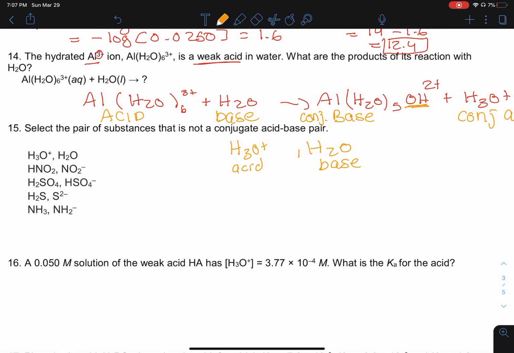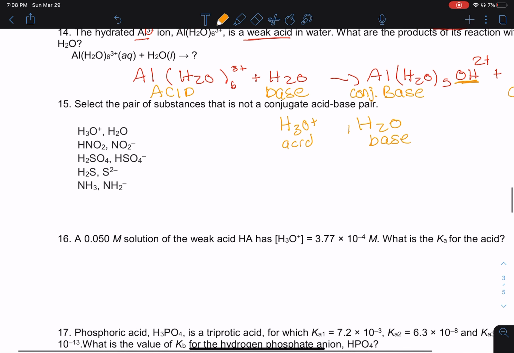It went from 3 hydrogens to 2 hydrogens. So a conjugate acid-base pair is when you lose or gain only one hydrogen. Okay, so that would mean the first one is correct, and the second pair is saying HNO2 and NO2 minus. It looks correct because it only lost one hydrogen. So this would be the acid and this would be the base, okay? Because it lost the hydrogen.